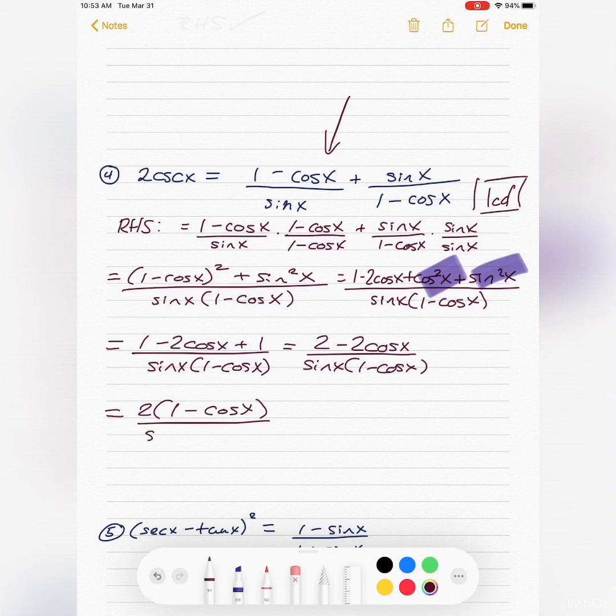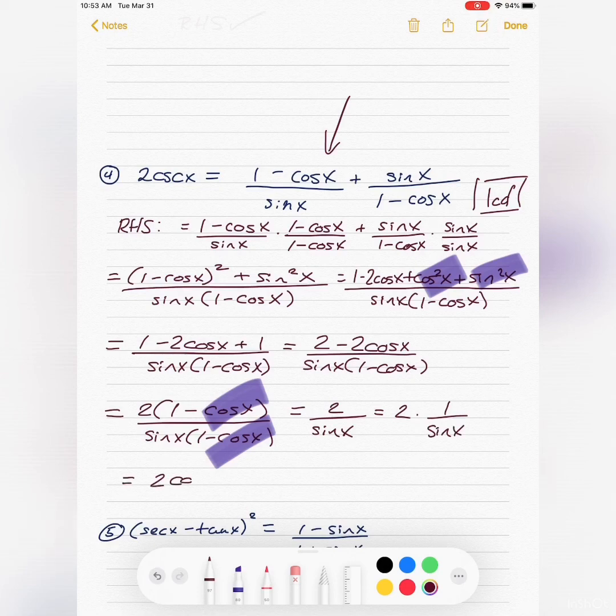Factor that out. Cancel. 2 over sine x. So isn't that 2 times 1 over sine? Isn't that 2 cosecant? And let's see, was that my left-hand side? Indeed. So I've proven the identity there.